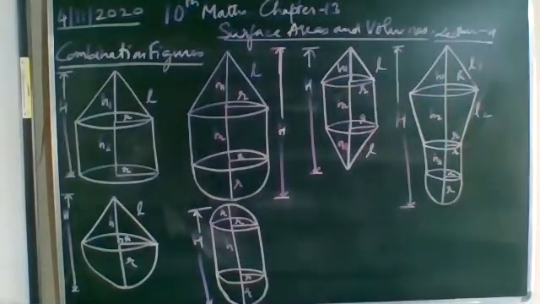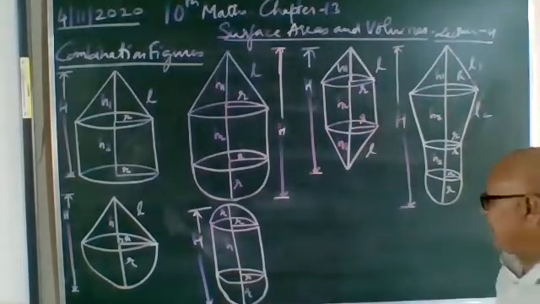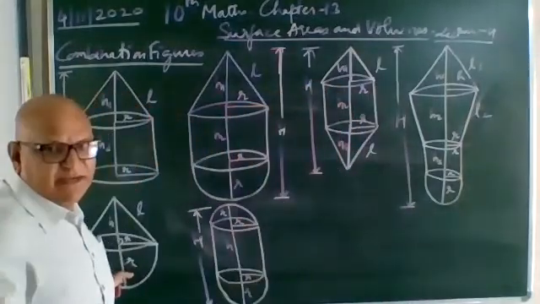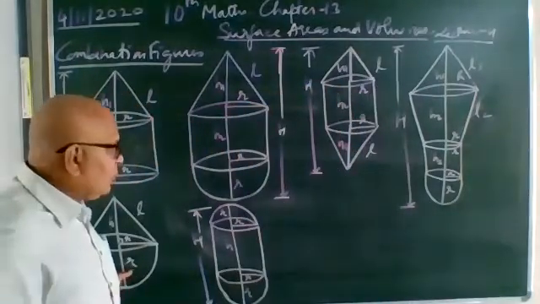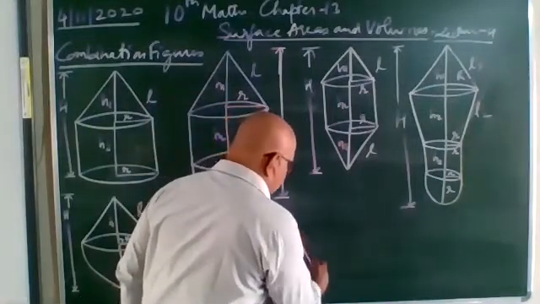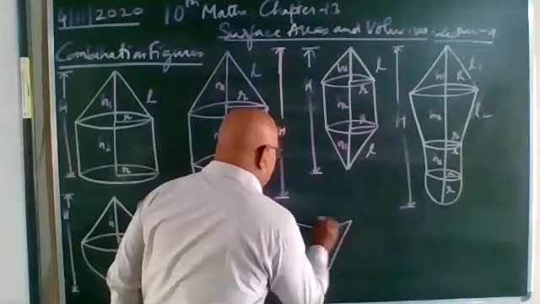Now, after that, the inverted solid. The figure may be like this also. The same thing, this figure, if we write it in inverted form, or at one end, you can say like this. This is conical.